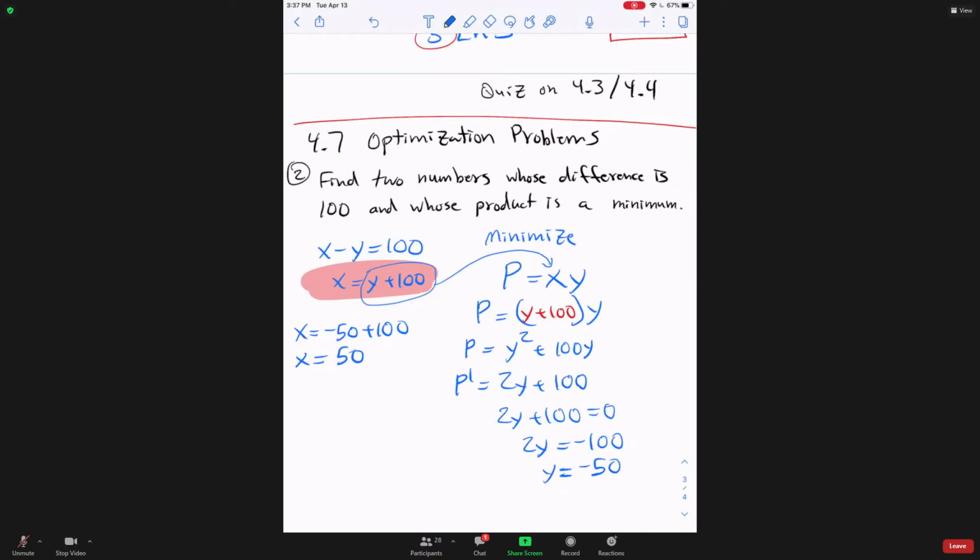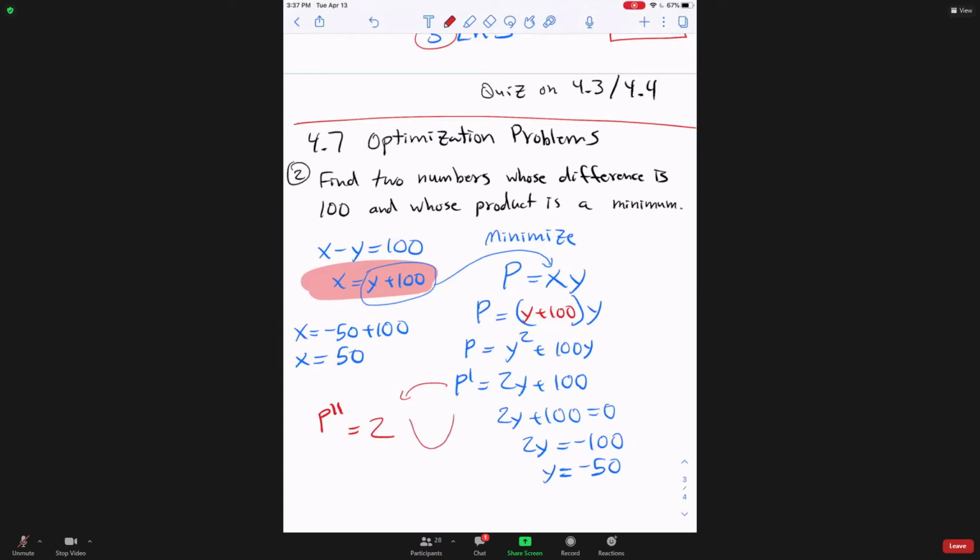The question said minimize. How do I know this gives me a minimum? Well, two reasons. One, it always works out the way you want it to. Two, we can do the second derivative test. What's P double prime? That's the derivative of the derivative. It's positive 2. When the second derivative is positive, the function is concave up.